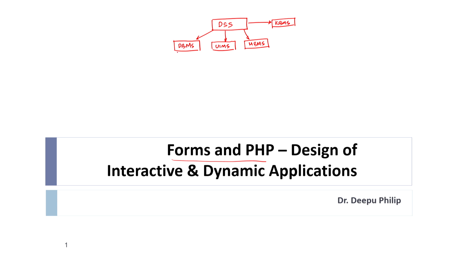And as part of DBMS, we have seen what's a database, and we have seen what is a MariaDB, and we have seen what is SQL. We also seen ER diagram, etc., the design of the database. So we are seeing so many components of this. In UIMS, user interface management system, we have studied HTML, then forms as UI.